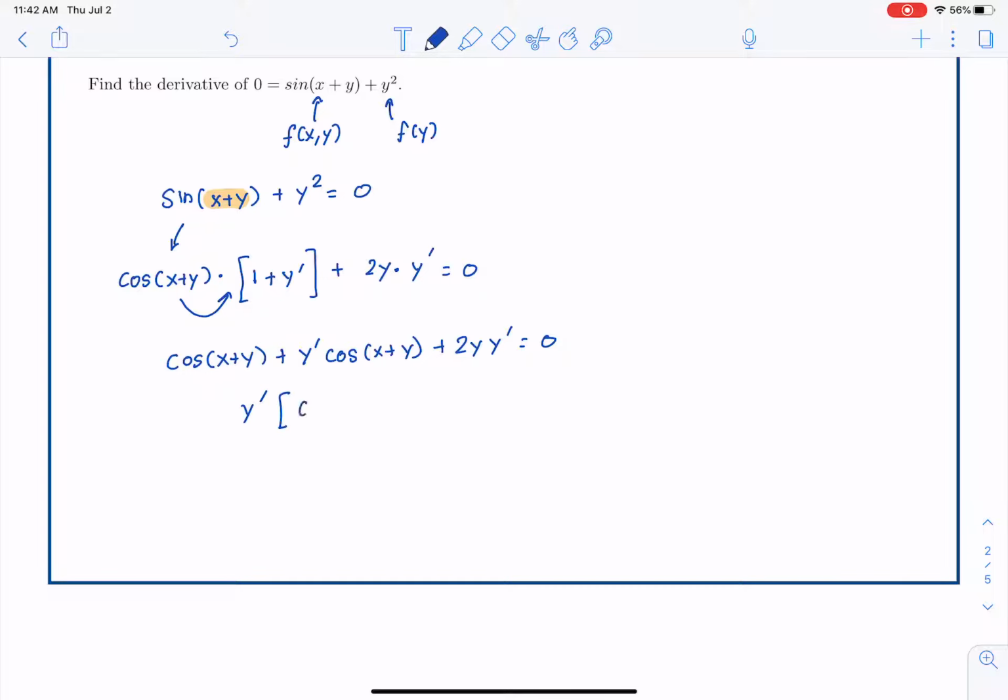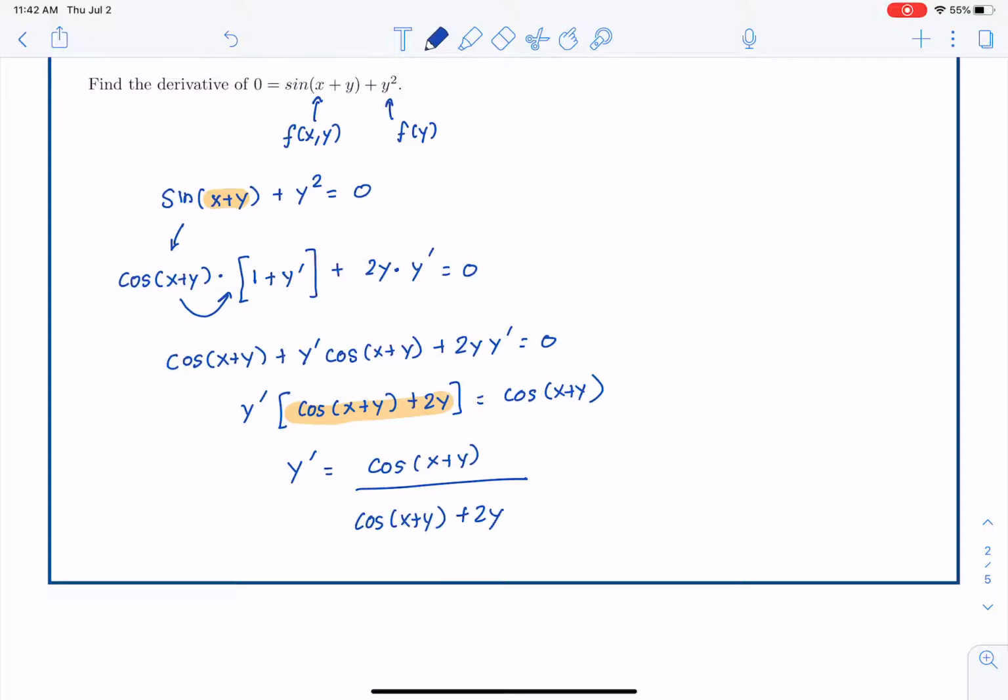Y prime times cosine of x plus y plus 2y equals negative cosine of x plus y. Divide by that term on both sides. We would have y prime equals negative cosine of x plus y over cosine of x plus y plus 2y. Again, the derivative depends on y itself. So the derivative implicitly depends on the dependent variable y.